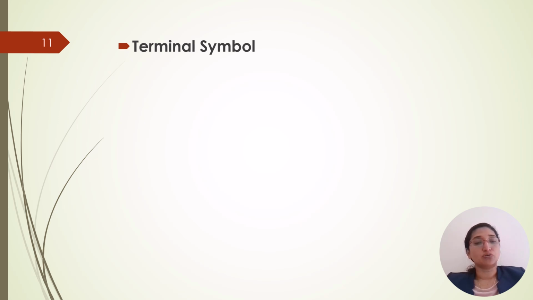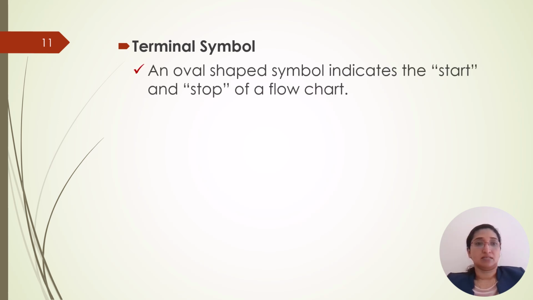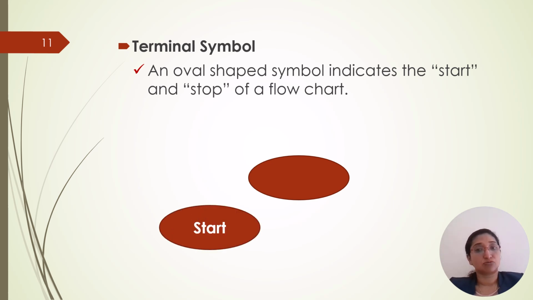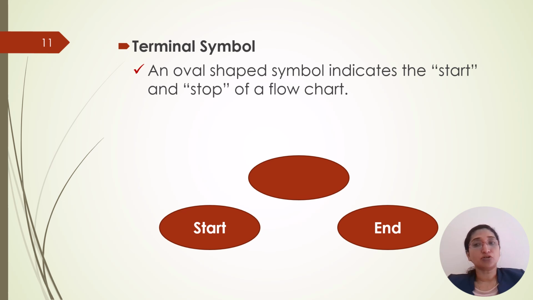First, let's move on to the terminal symbol. This is an oval shaped symbol, and if you're using this symbol to indicate the beginning of your program, inside the symbol you write the statement start or begin. If you're using the symbol to indicate the end of your program, inside the symbol you should write end or stop.